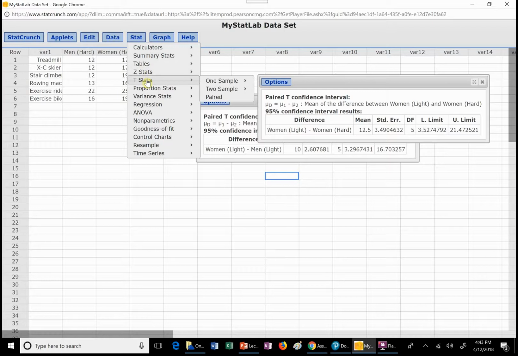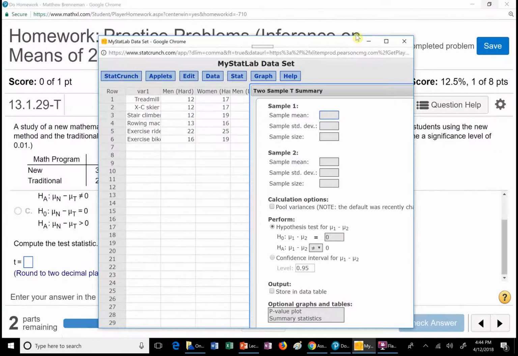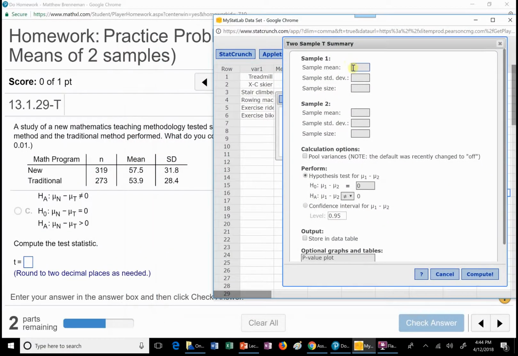So I'm going to go Stat, T Stats, Two Sample with Summary, and now enter everything, okay? Does the order matter in this problem? No, because it's two-sided, right? So it doesn't matter who's on which side, okay? So now you just go ahead and enter the summary statistics. Oops, try to get them on the same page here. So 47.5, 31.8.